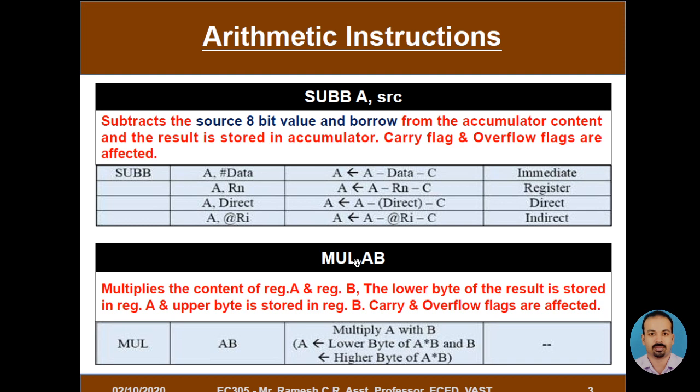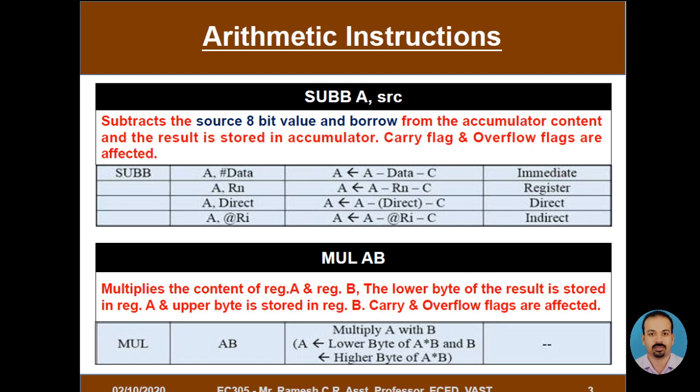The condition is that here you can only use the two registers A and B. It is not applicable under the register addressing mode, because the basic definition of register addressing mode is that we can use any of the general purpose registers. Here you cannot use any registers other than A and B, hence there is no specific addressing mode defined for this instruction MUL AB.